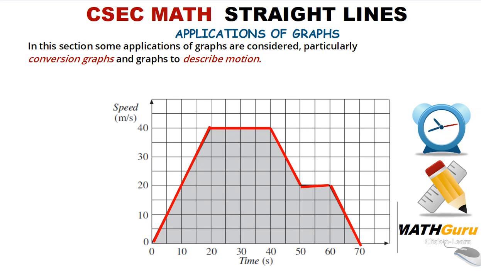So from reading this graph here, the acceleration there is pretty steep, 0 to 20 seconds. And from 20 to 40 seconds, the car has a constant speed. And then from 40 to 50 seconds, it has a constant deceleration.